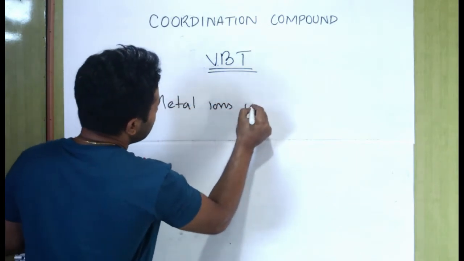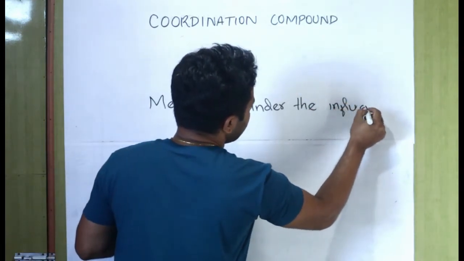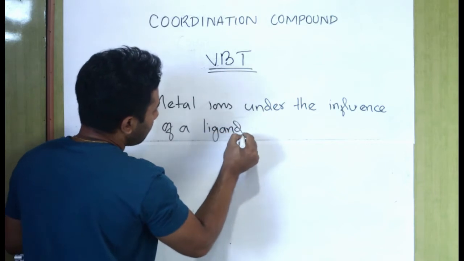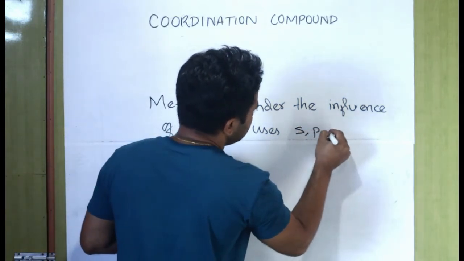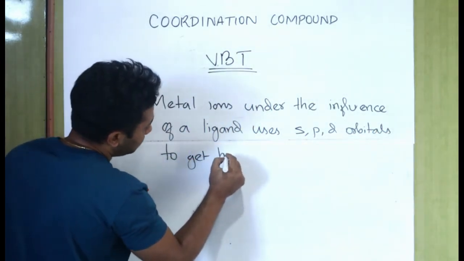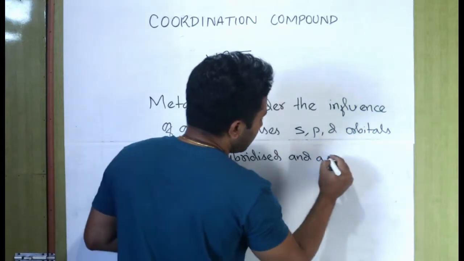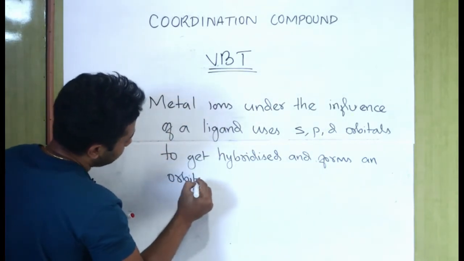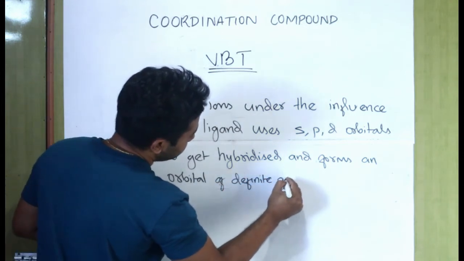metal ions under the influence of a ligand use s, p, d orbitals to get hybridized and form orbitals of definite geometry.